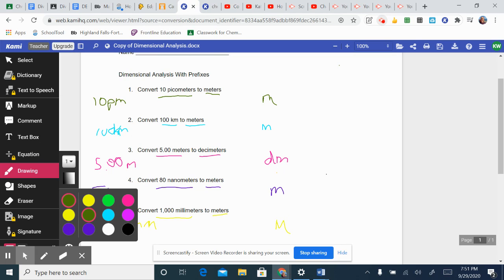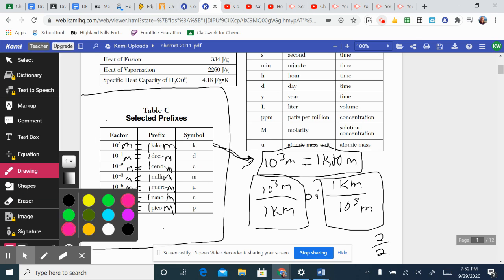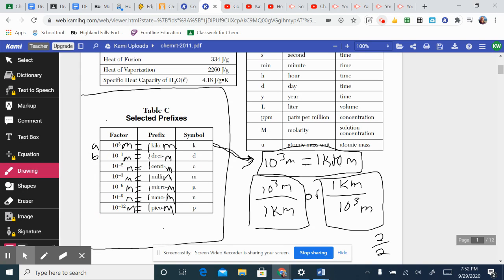To convert between picometers and meters, we have to go back to our reference table C, and find the prefix that best fits to convert us between those two units. So which conversion factor do you think I should use? And I'm just going to label them A, B, C, D, E, F, and G. G is the best one to use because it has picometers and meters, which are the two things that we need in the first problem.